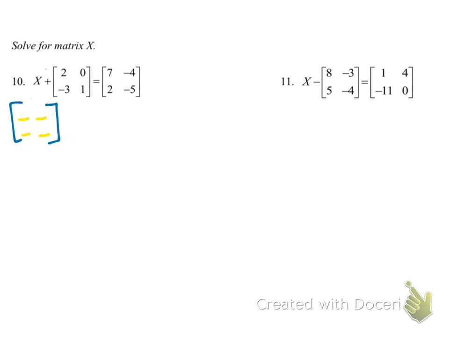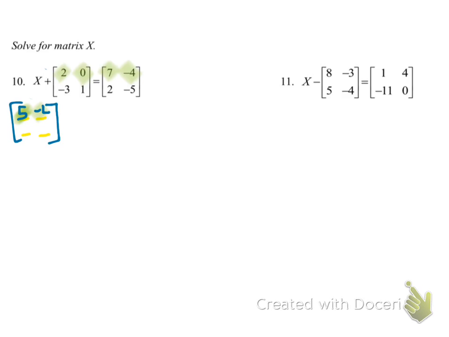Okay, so there's a couple ways you can do this. You can just think, all right, I need to put something here, and I know it's the top left. So top left plus top left needs to equal top left over here. Does that make sense? So something plus 2 needs to equal 7. Well, that's 5. Something plus 0 needs to equal negative 4.